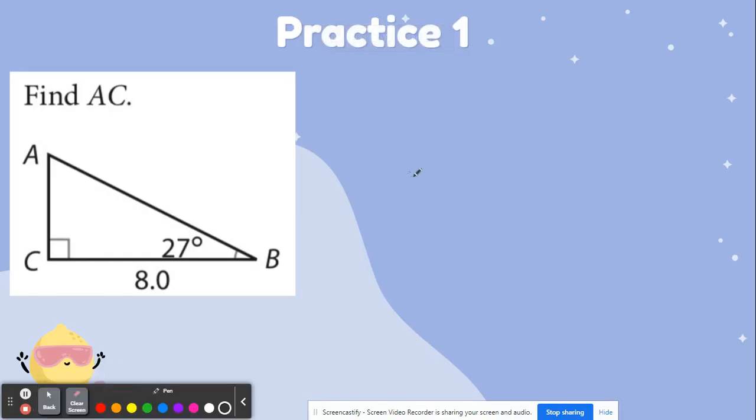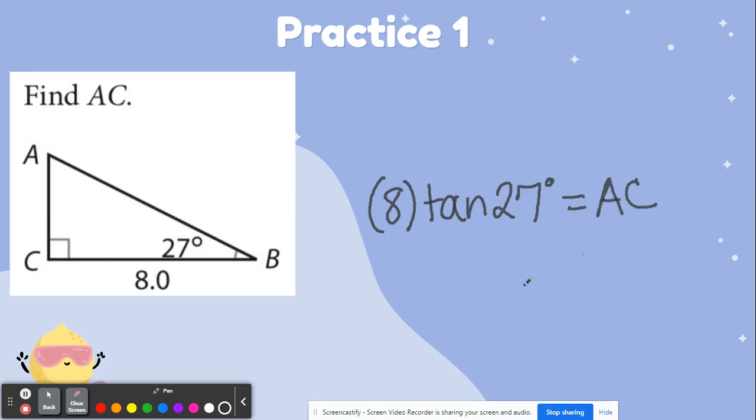So just to remind you, in the end, we had 8 times tangent 27, and that was put in the calculator, but that was AC. So therefore, AC is equal to 4.1.